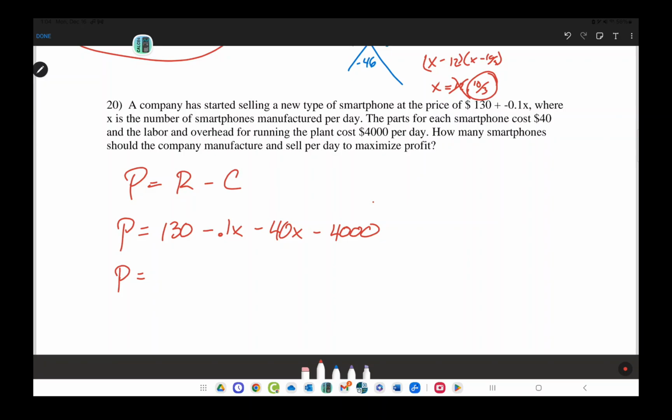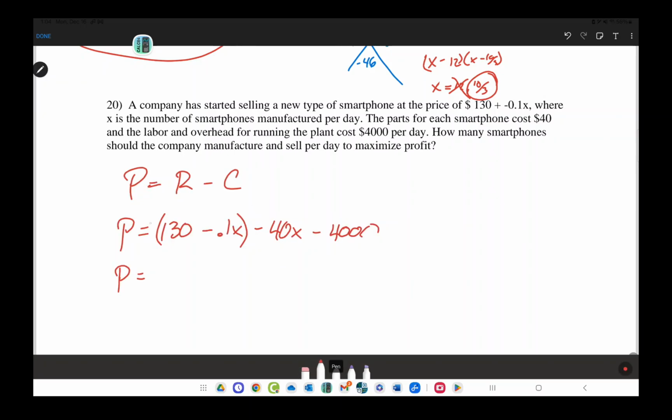Would it be 130x minus 0.1x squared? Because if you get 130 for each phone you sell, it should be 130x, not 2x, but times x.